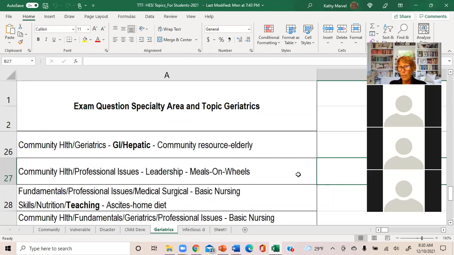Maybe what is a community resource that ensures adequate nutrition for the elderly population that can't get out and do their shopping? What do you guys think? I was thinking a scenario, and then what would the community health nurse suggest or give as resources to the client.